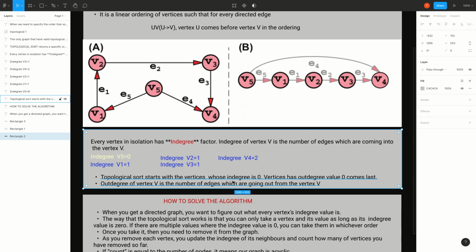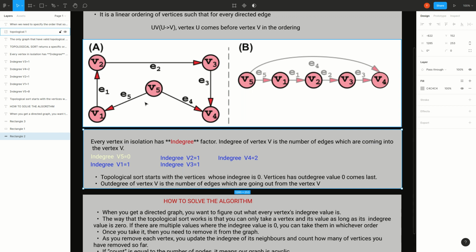And then I am going to take those vertices out of the graph, and as I take them, I will count how many vertices I have removed so far, and also I will update the in degree value of its neighbors. For example, V5 is going to V1 and V4. If I remove V5, that means in degree of V1 and V4 also is going to decrease by 1.